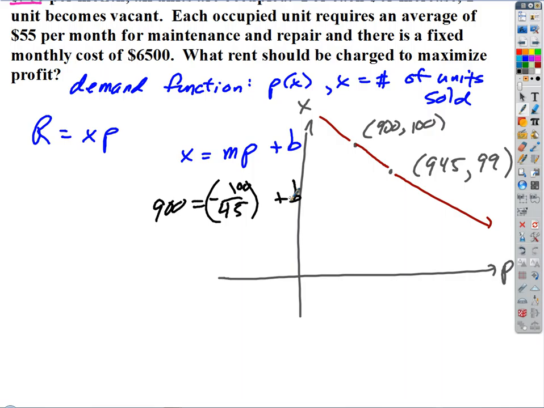So b would just be 100 plus 900/45. Does that make sense? So that'd be 92 and 10/45, so 92 2/9. Is that right?